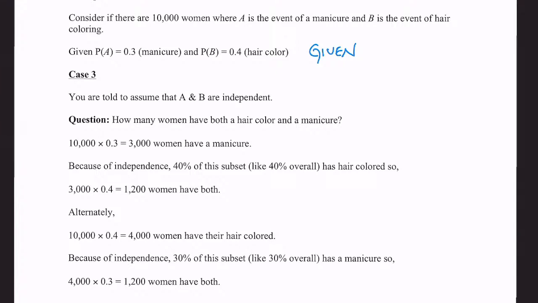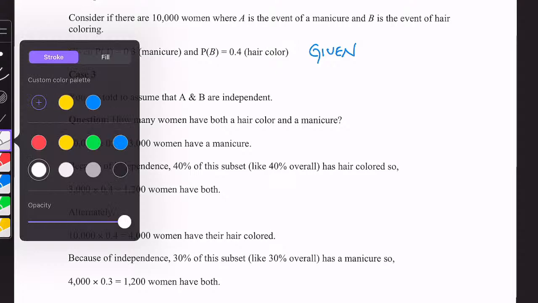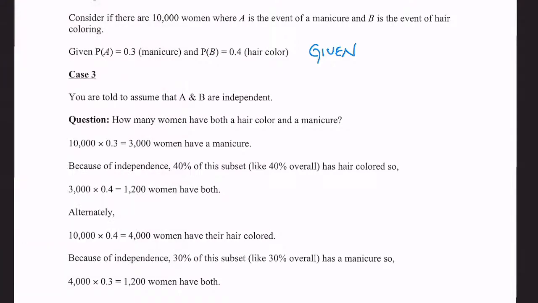So referring back to the overview, that's case 4, sorry, the typo. You are told to assume that A and B are independent.